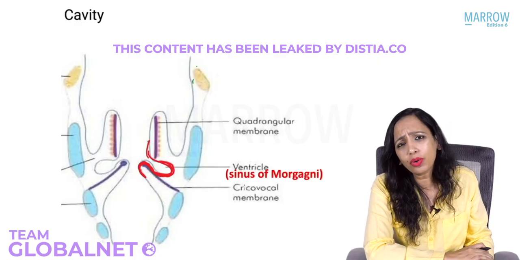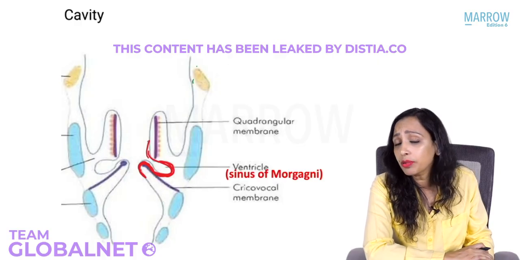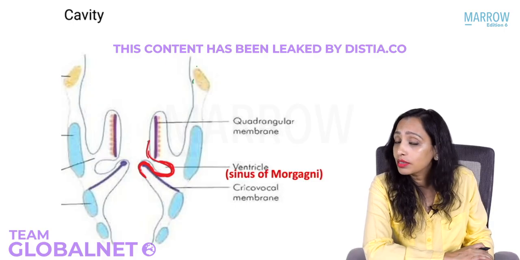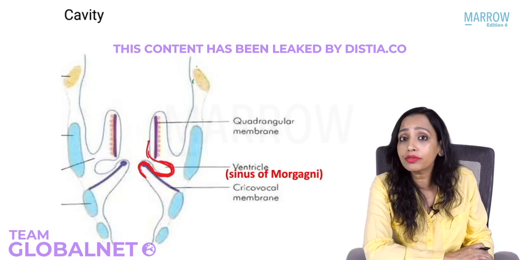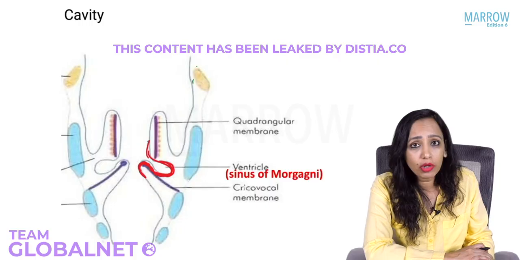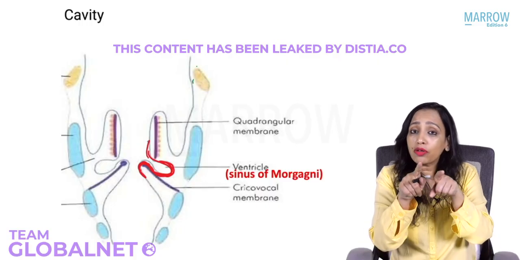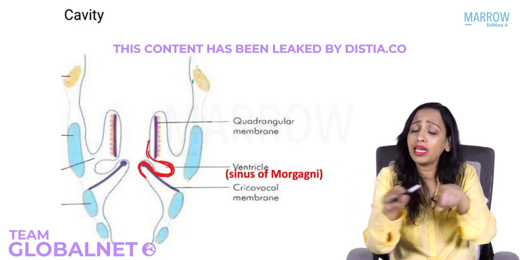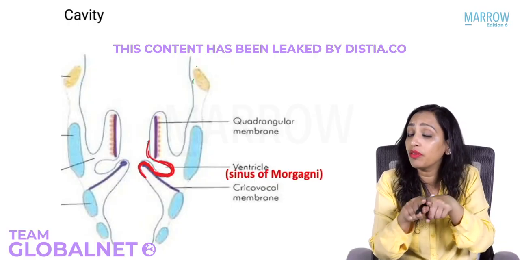Why is lubrication required for the true vocal cord? What is the lining epithelium of the true vocal cord? Is it ciliated columnar? No, it is stratified squamous. Do we have mucus glands in stratified squamous? We do not. And this part of the larynx is the part that is rubbed against each other repeatedly when we speak.